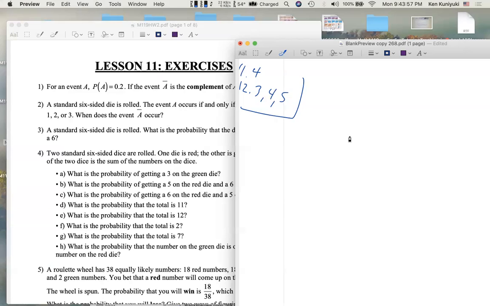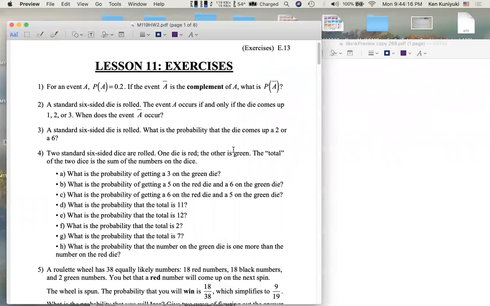I think the questions on lesson 11 should actually be very quick and easy. Would it be okay for me to just write the dice combinations in parentheses instead of drawing the table, the grid, for each?